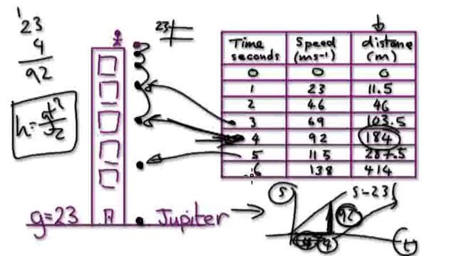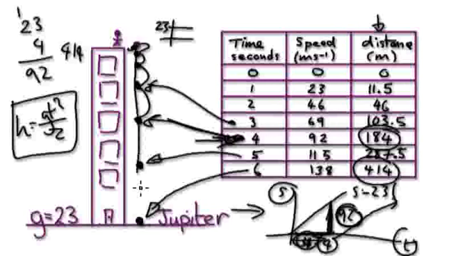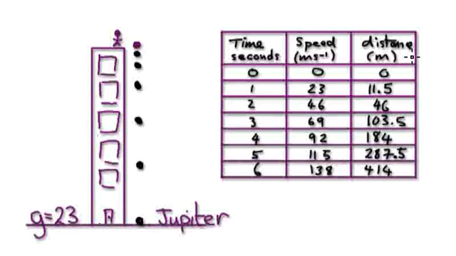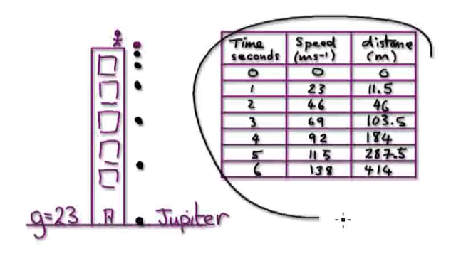This is this point here. This is this point here. Oh, by the way, the height of our building is 414, because if it takes 6 seconds for our cannonball to hit the ground, then the height of our building must be 414 meters. Okay, so anyway, this is your answer here.